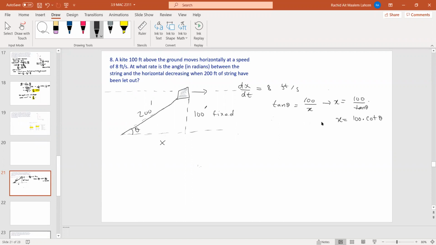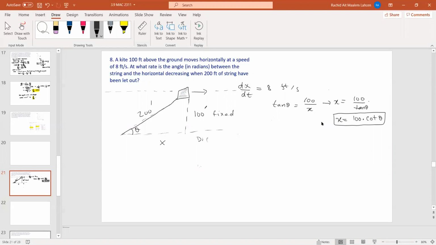So it doesn't matter how you start, you will end up with this 100 cotangent theta. And that's going to give you the governing formula or equation for the problem that you're going to work with. So we always, you see in these problems, need some type of equation that represents the problem. And once we have that, we differentiate.